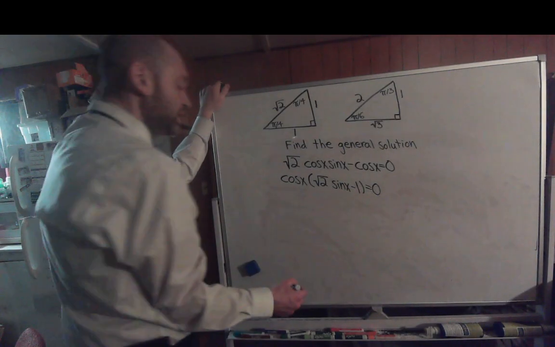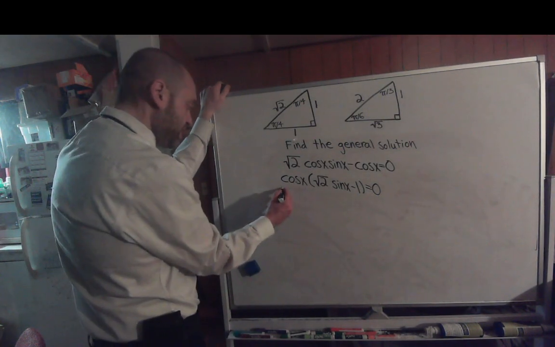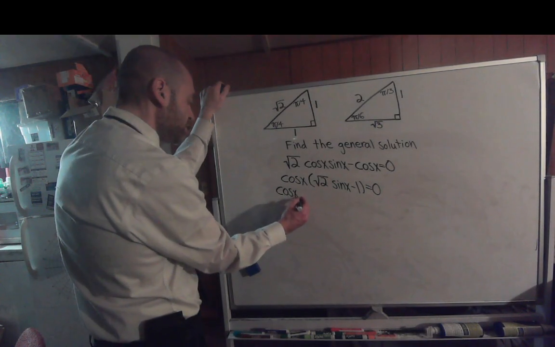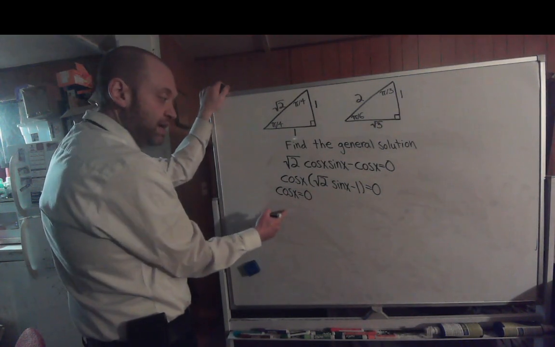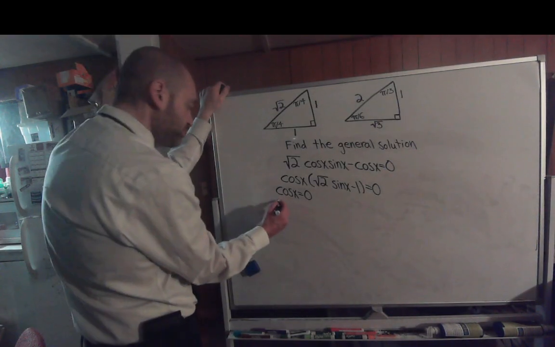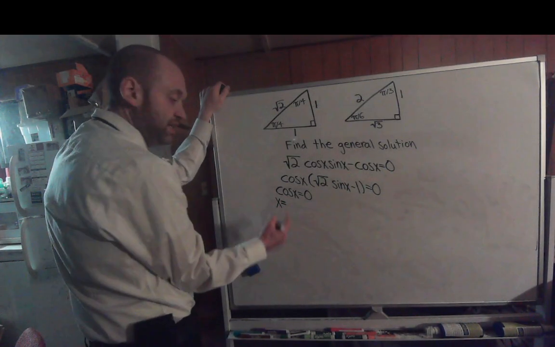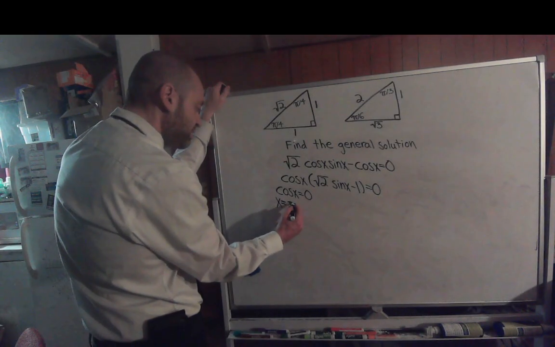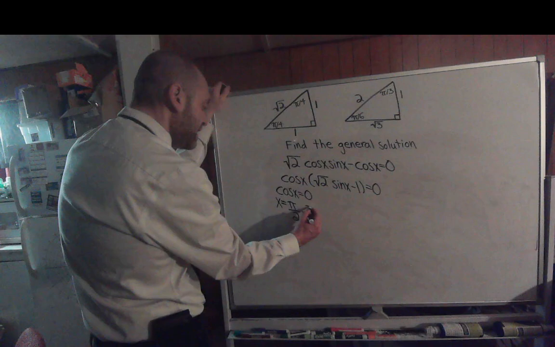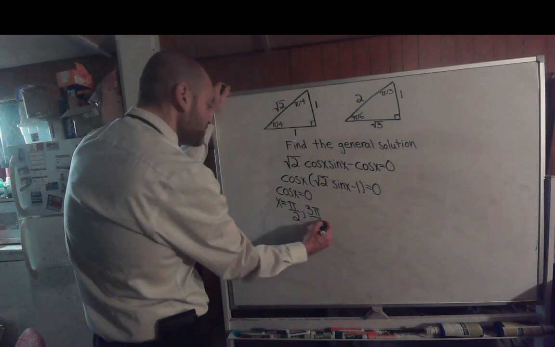Alright, so let's look at cosine of x equals 0. Again, in your interval from 0 to 2 pi, that cosine of x equaling 0 would occur when x is pi over 2 and 3 pi over 2.